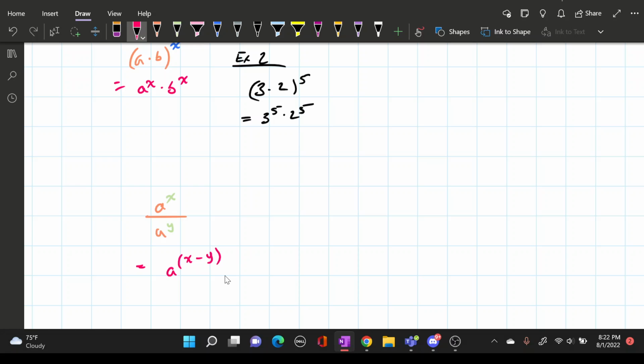Just remember that, it can be really helpful. An example of this would be 3 to the power of 6 over 3 to the power of 5. So this is example 3. This will be equal to 3 to the 6 minus 5, which is 3 to the 1, which equals 3.